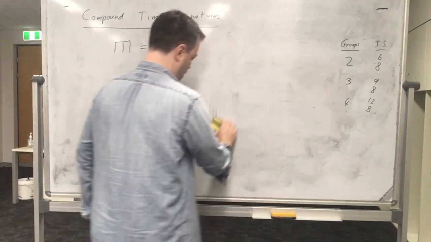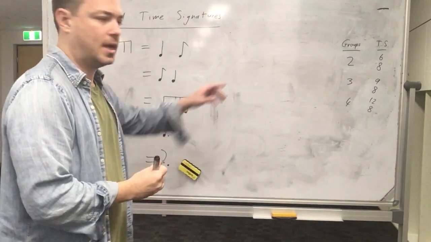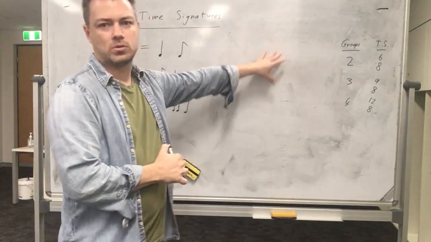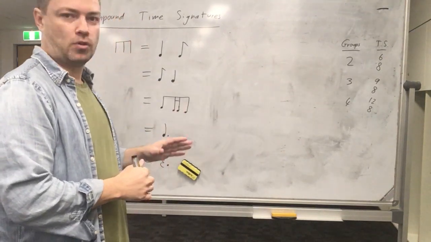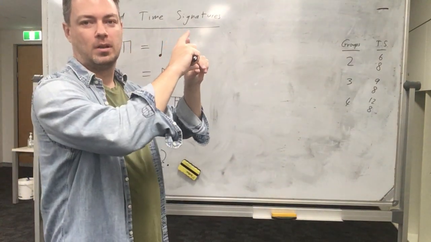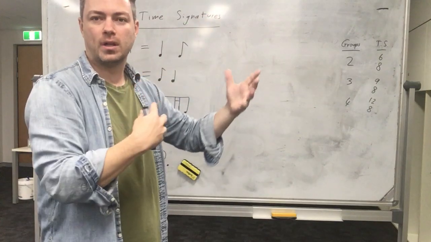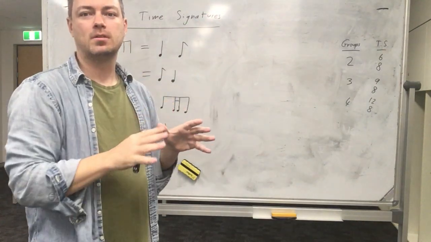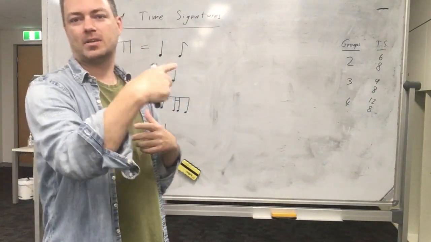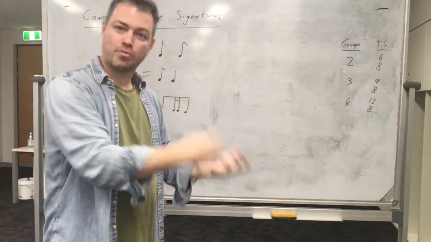The other thing I might just mention here is when you get asked a question about what time signature this is, it's not going to be grouped into 4/4 and 6/8, they're going to be jumbled in. One might be in 4/4, the next one might be in 6/8, the next one might be 3/4.